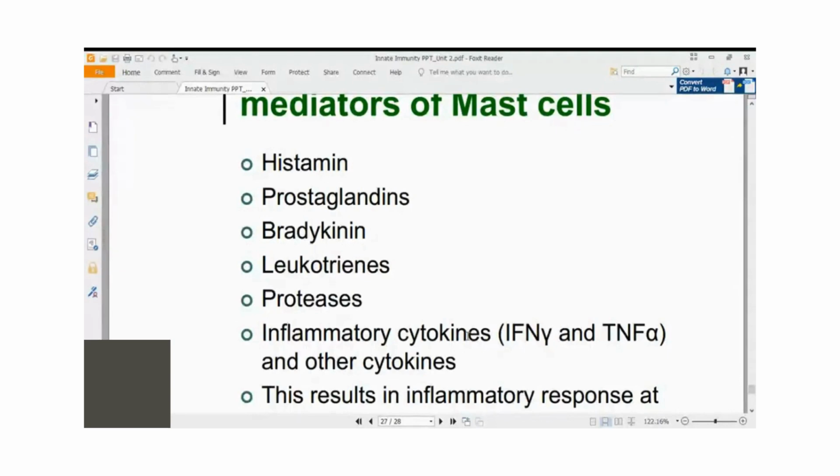Therefore, they always talk about cytokine storm, and you have to control it through medication. There are medications available which prevent the release of these cytokines and other pharmacological mediators like bradykinin, prostaglandins and histamines. With appropriate medication, you can control them and make them release in a smaller quantity, which is sufficient to give you protection.